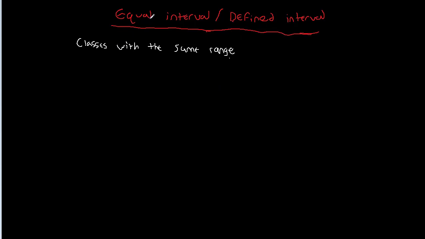Okay, so let's talk about how equal interval works. Basically, you have to figure out the number of classes, which I'm going to call n. So n is the number of classes.